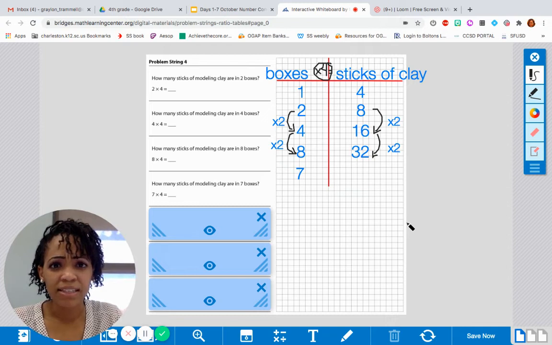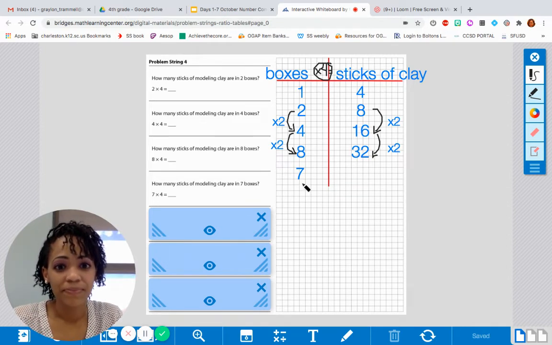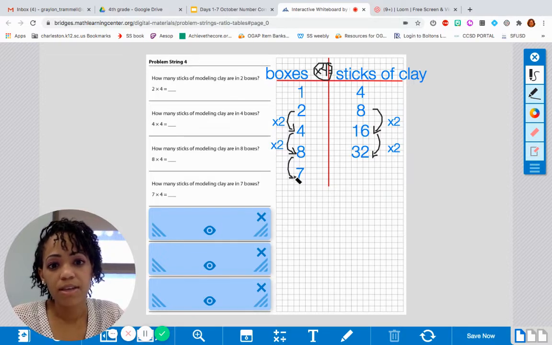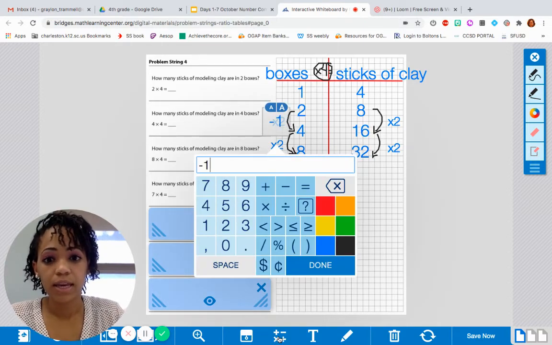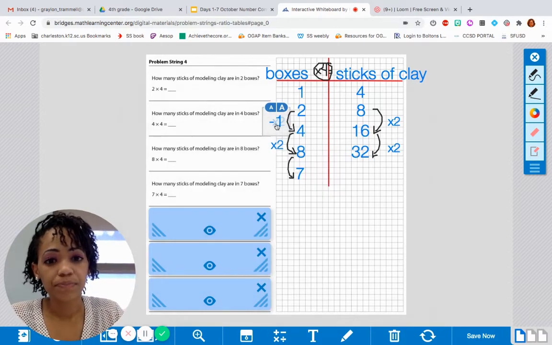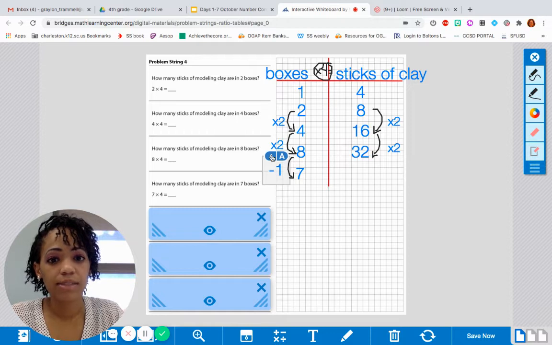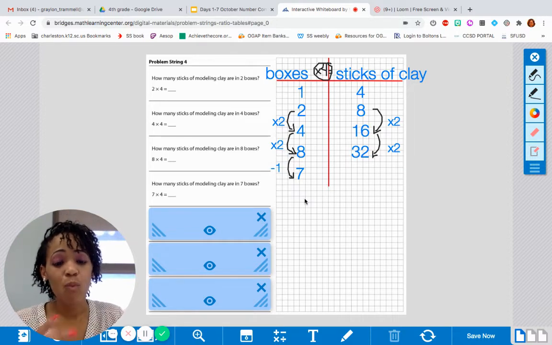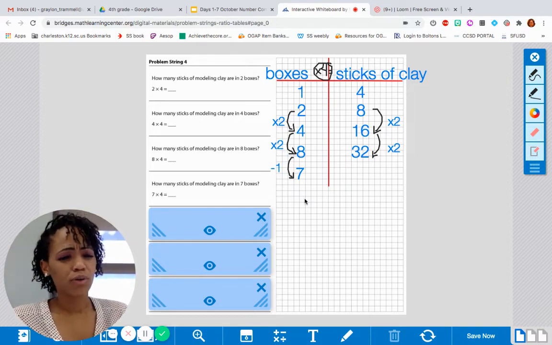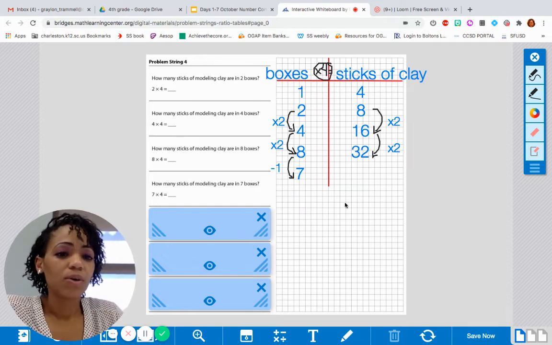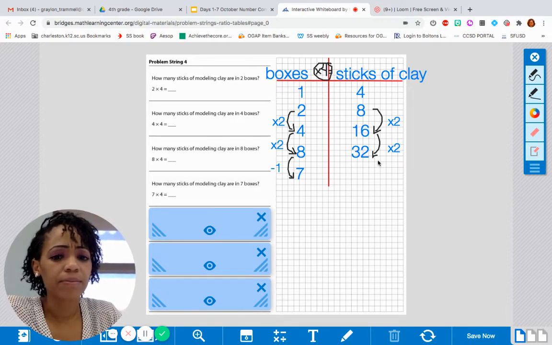What do I need to write? Okay, so 7, and the relationship we said was minus 1. And that's absolutely correct. So now we have 1 less box. So what's our arrow going to look like on this side?